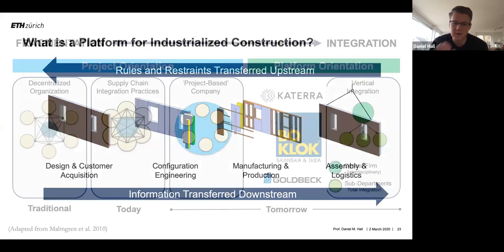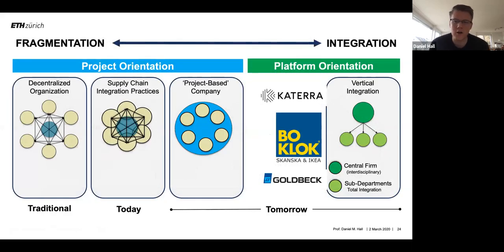Let me show you an overall view of platform orientations, and then we'll have some more examples of these platforms in our case studies. So the first platform orientation, I move all the way over to the farthest level of integration, is vertical integration. Vertical integration means essentially that multiple activities are combined into the same company.